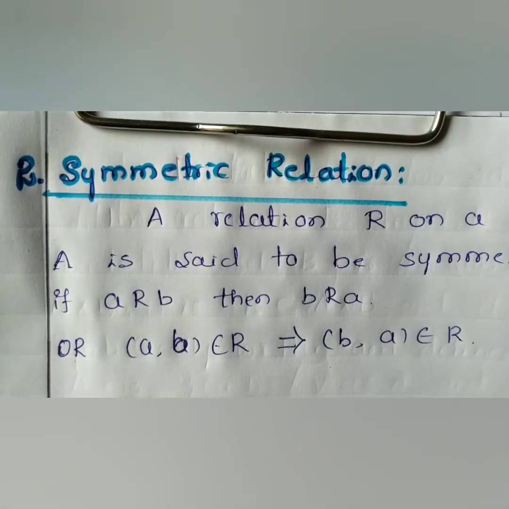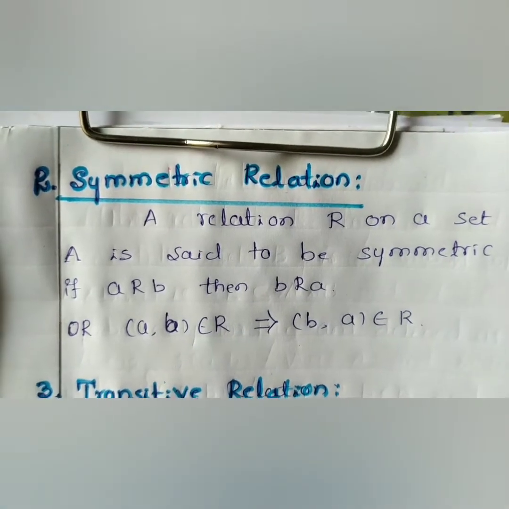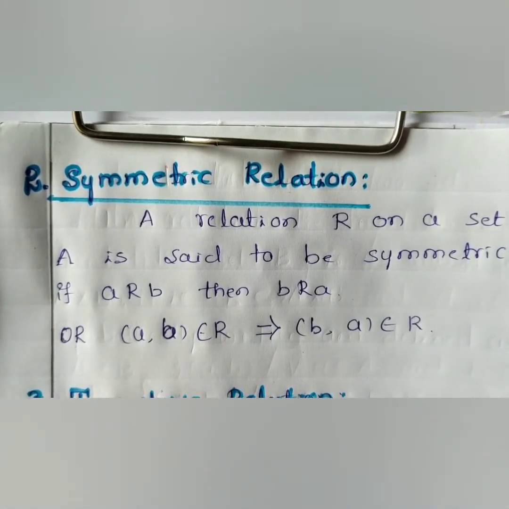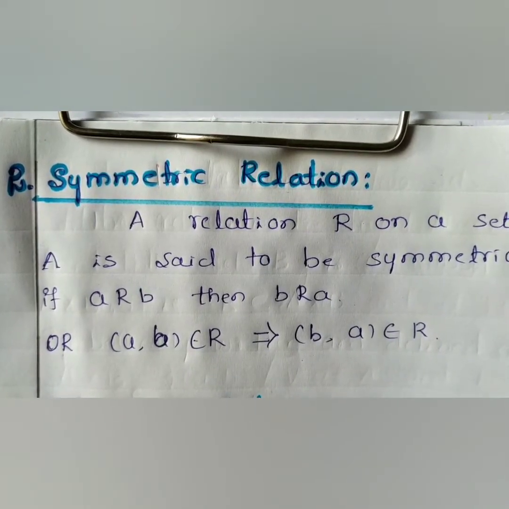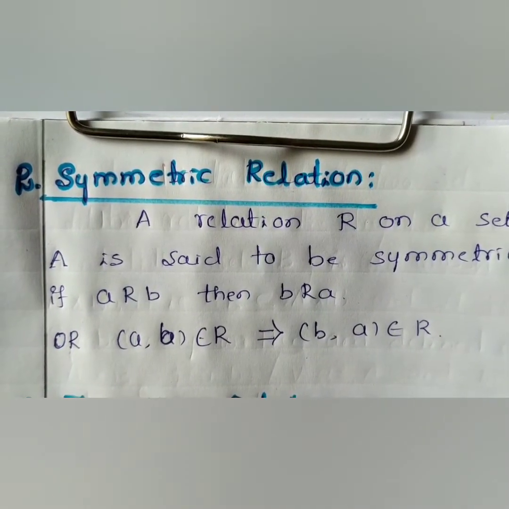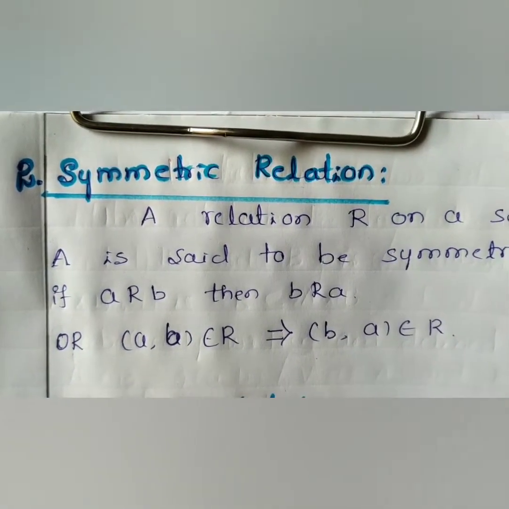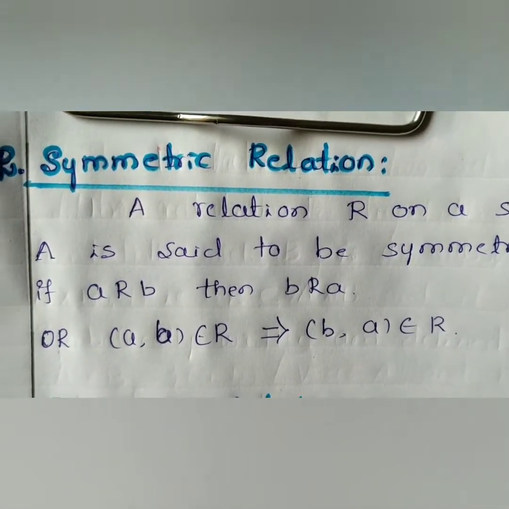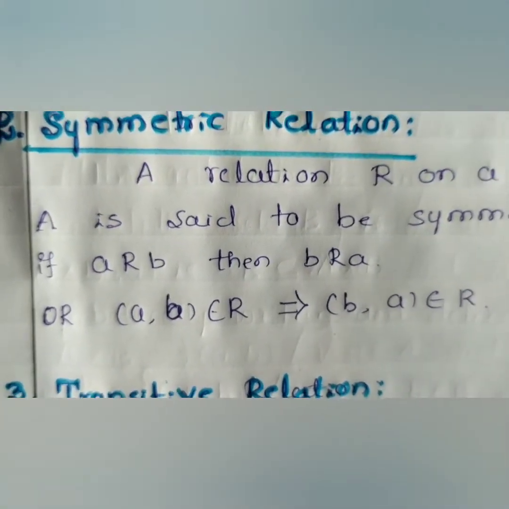Next type of relation is the symmetric relation. What do you mean by symmetric relation? Go for the definition. A relation R on a set A is said to be symmetric if ARB then BRA.